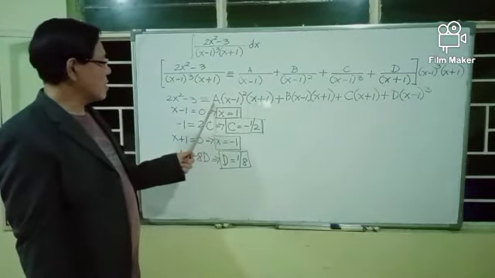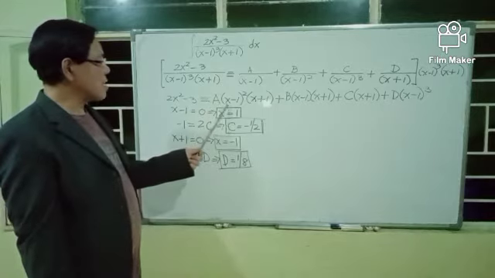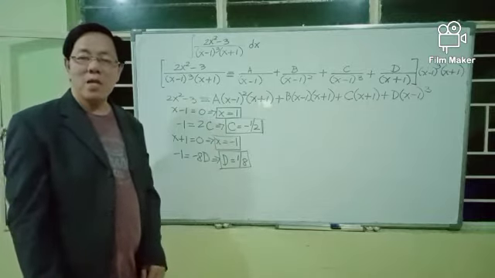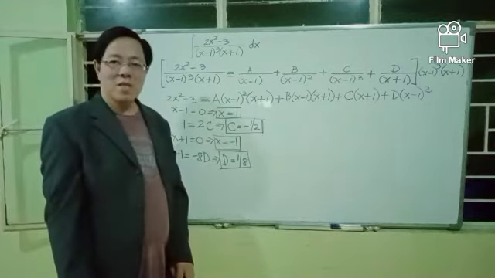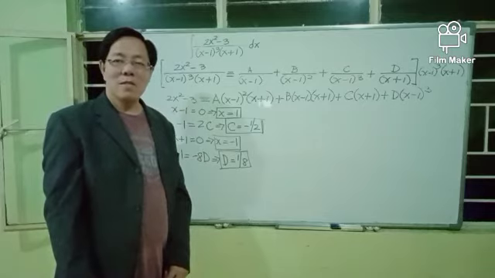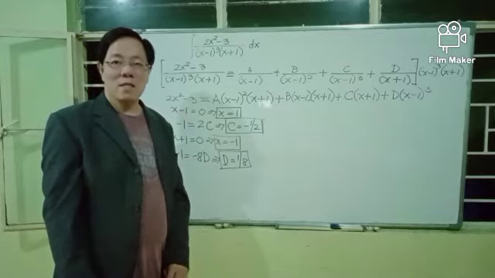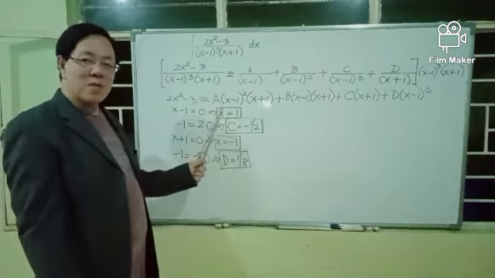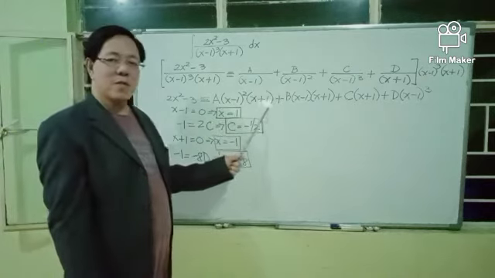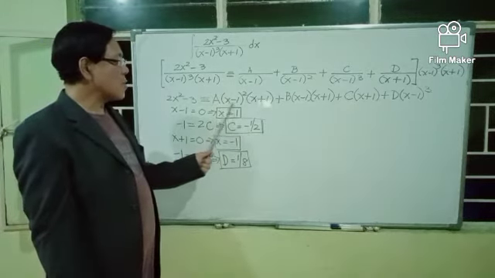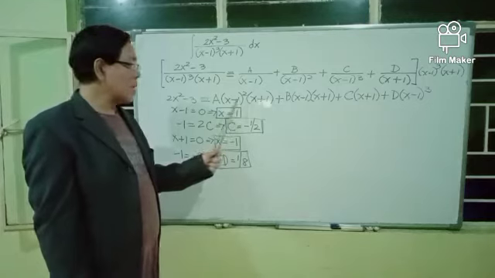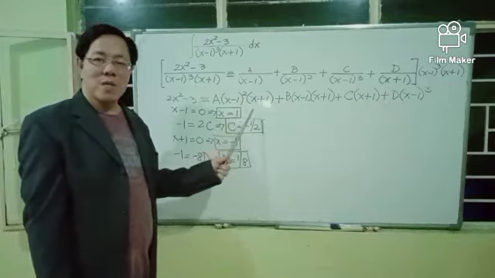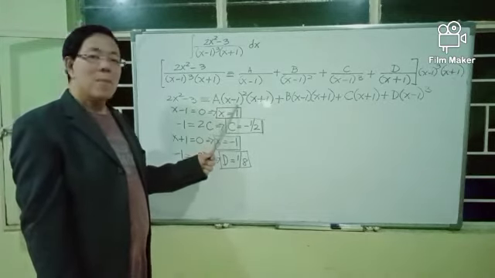You can see that if you expand x minus 1 squared times x plus 1, you will get a cubic expression with x cubed as its highest power. And the coefficient of x cubed in this first term: if you multiply x minus 1 squared, you will get x squared as the first term, because the square of x minus 1, by special product rule, is x squared minus 2x plus 1.